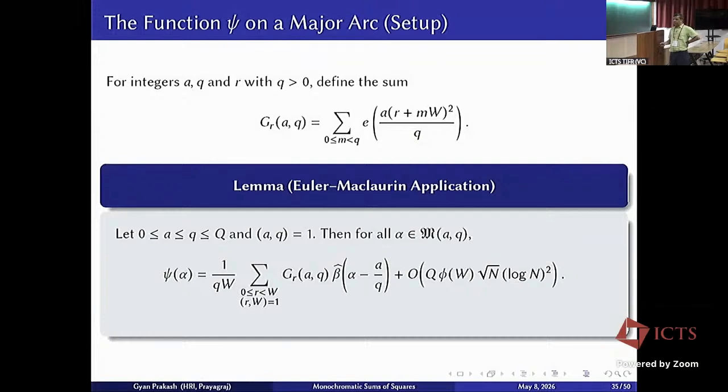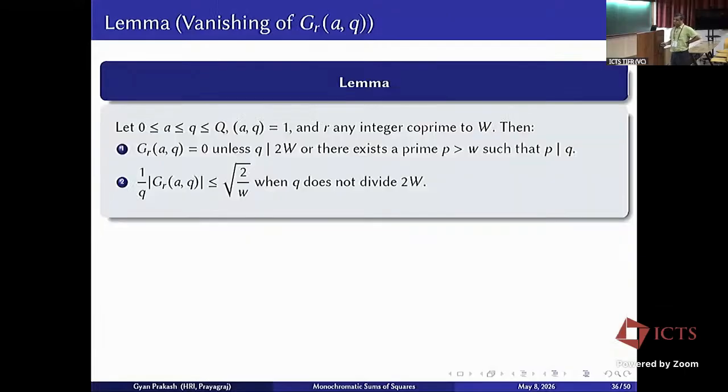W, remember, is a product of small primes. So this G function is either vanishing or it is too small. That is essentially given by this lemma, which, as Suri tells me, is based on the work of Tim Browning and Prendiville.